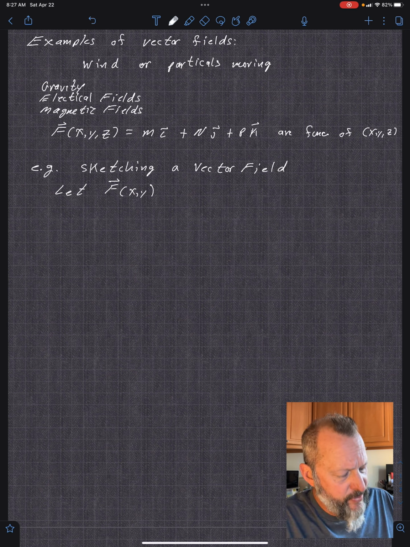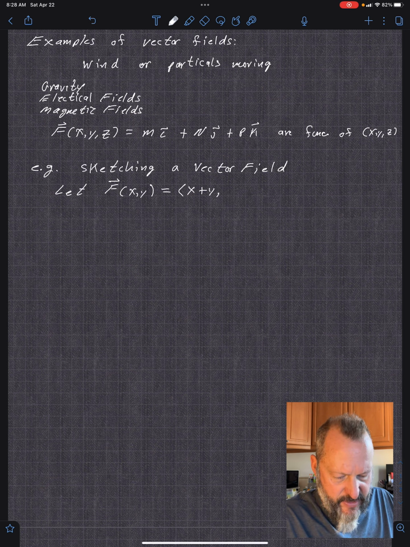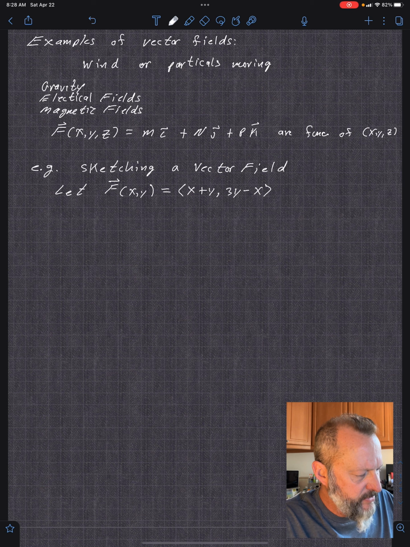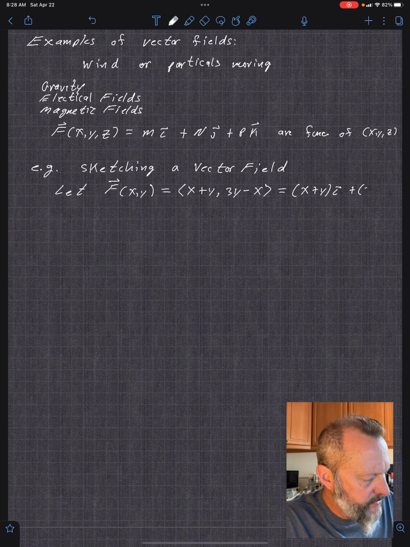Let's do it in 2. So this is equal to, and you can write it in this form, x plus y and 3y minus x. Or you can write it in the i, j form, x plus y i plus 3y minus x j.